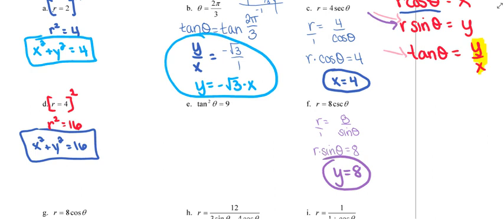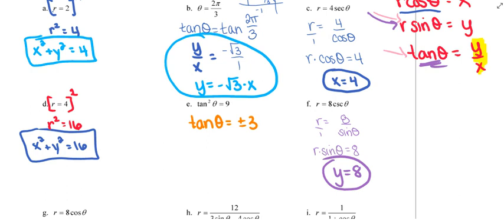Love it. All right, letter E says tan squared theta equals 9. I don't have in my list a tan squared theta, but I do have a tan theta. So I'm going to go ahead and take the square root of both sides, reminding myself when I take the square root of 9 on the right-hand side, it's got to be plus or minus 3.